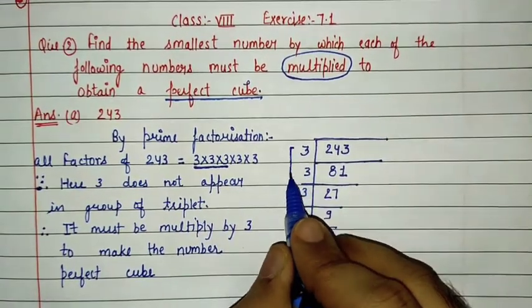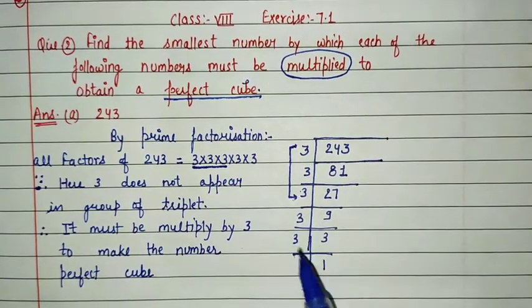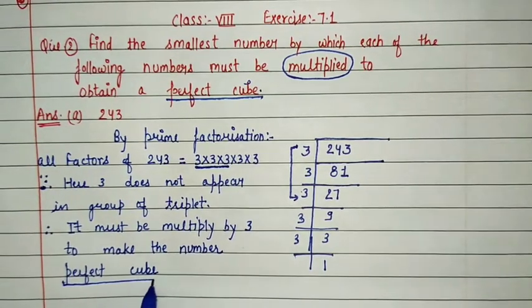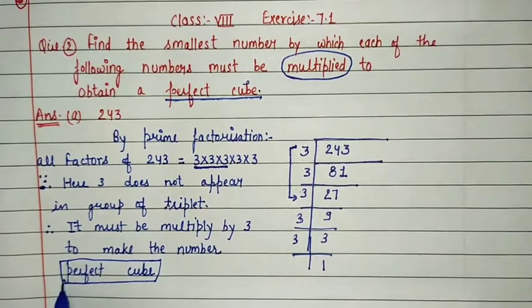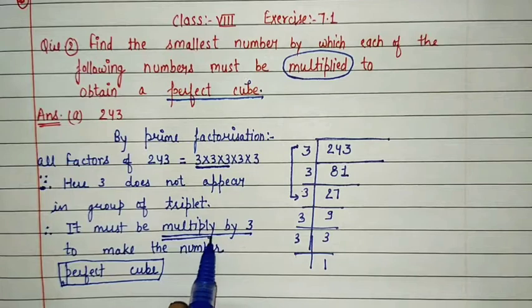If you check, it is the group of 3: 1 2 3, and here 1 2, we want one more 3 to make this number a perfect cube. So the answer is, multiply with 3.